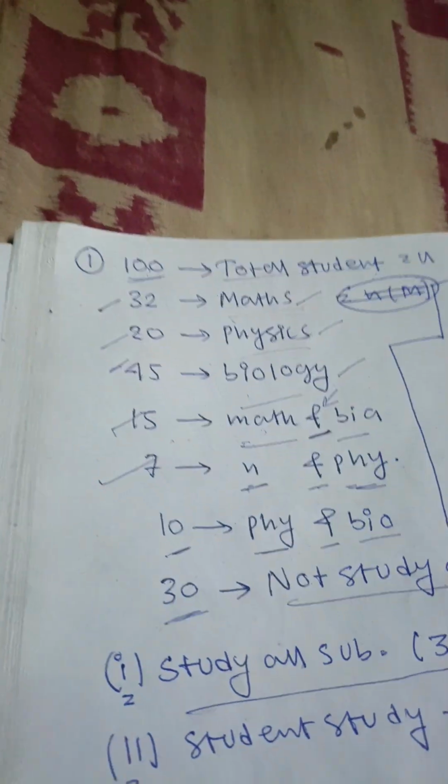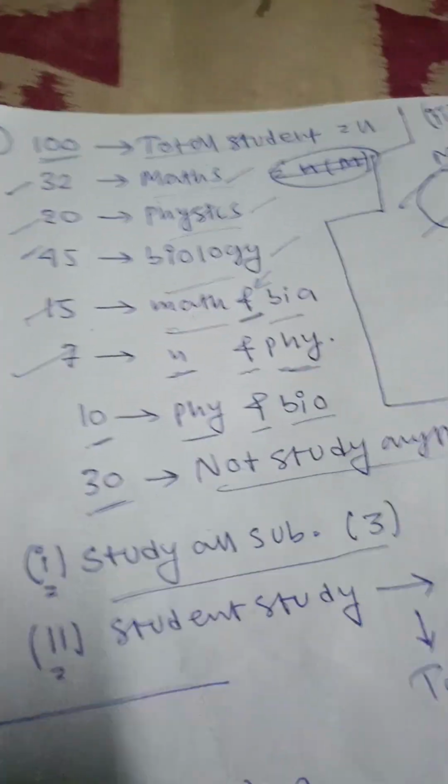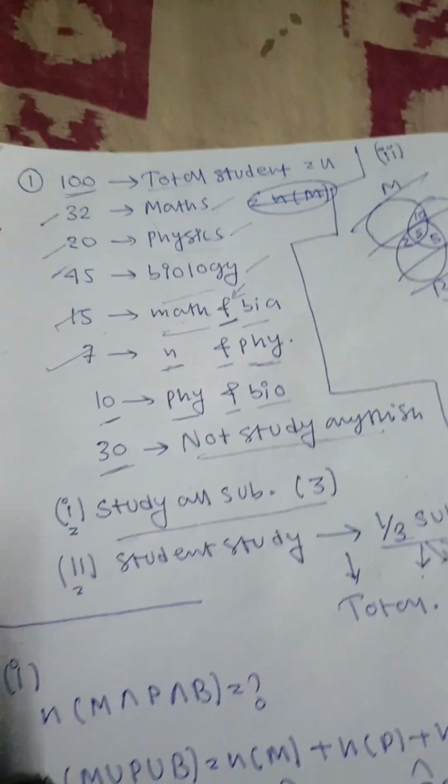You may think the question says 32 students studied maths only, or 20 students took physics only. No, no, no, the question is not given like this.